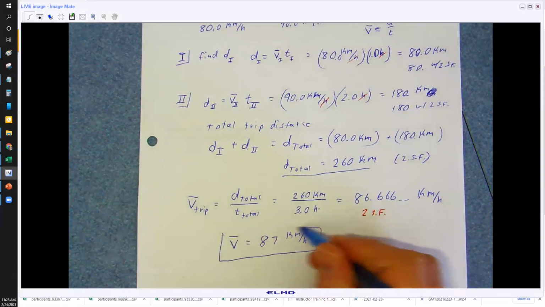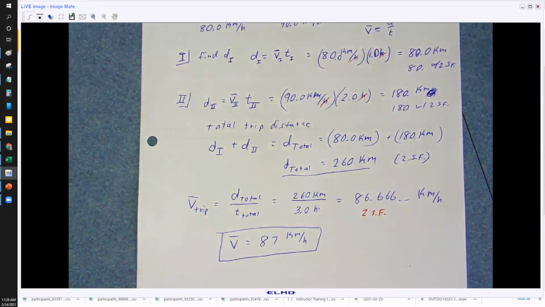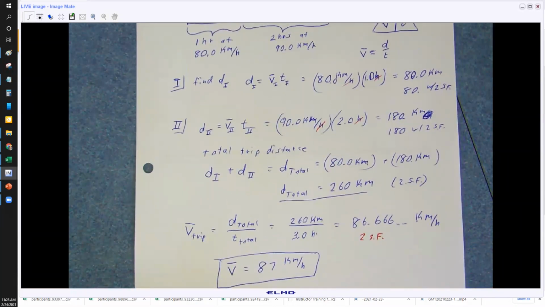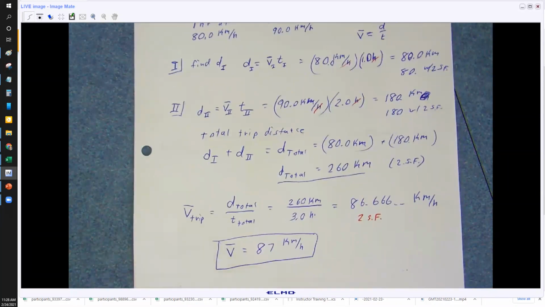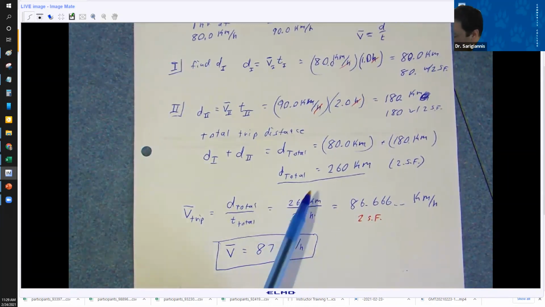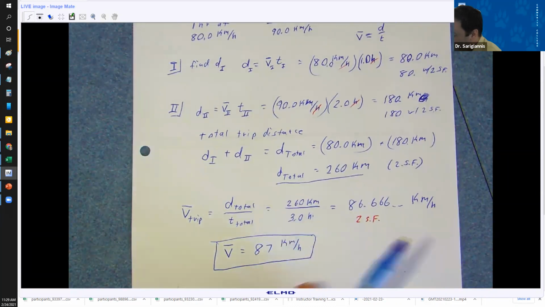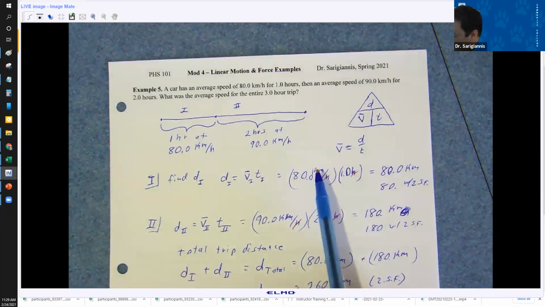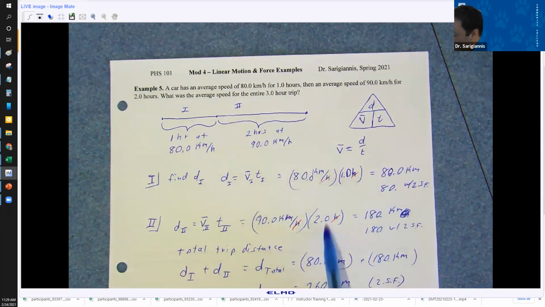Sorry, can you explain why it's just two significant figures in the answer again? Aren't there three in the original question? Wouldn't 80.0 be three significant figures? Well, yeah, 80.0 is three significant figures, but here we've got two significant figures because we multiplied each of these by two significant figures.